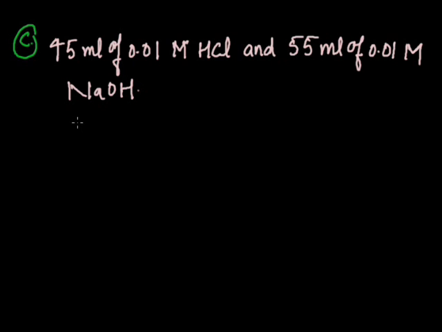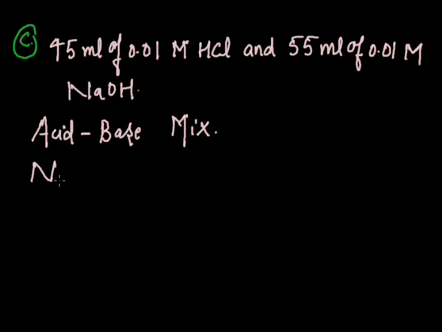Now we'll see another method of how to solve this question. We'll find the number of milli equivalents of both the NaOH and the HCl. And the formula we use for the acid-base mixture is the number of milli equivalents of the one whose amount is more minus the number of milli equivalents of the one whose amount is less, that is N1V1 minus N2V2 is equal to N3V3.